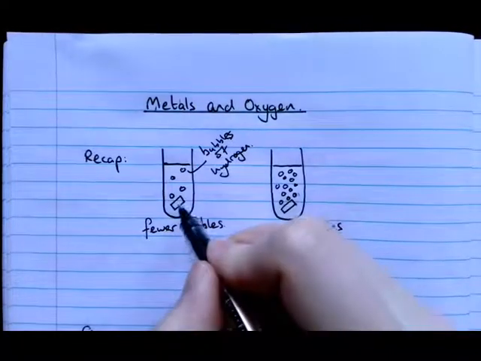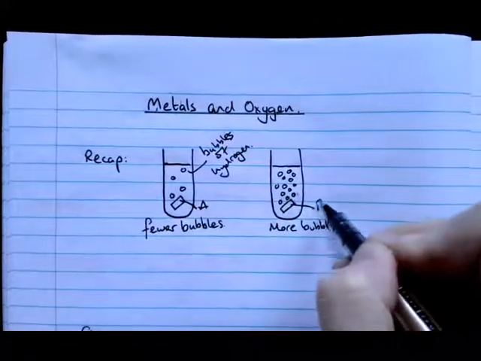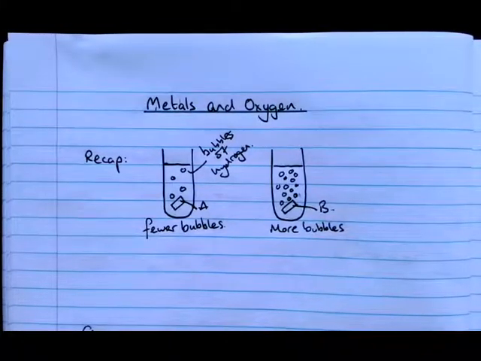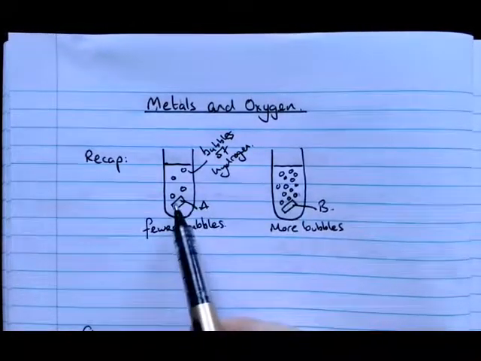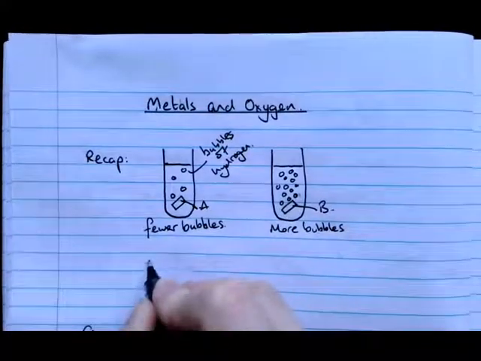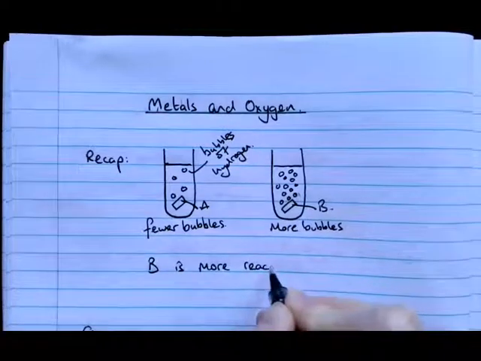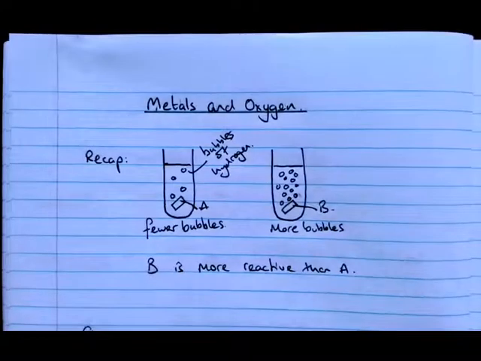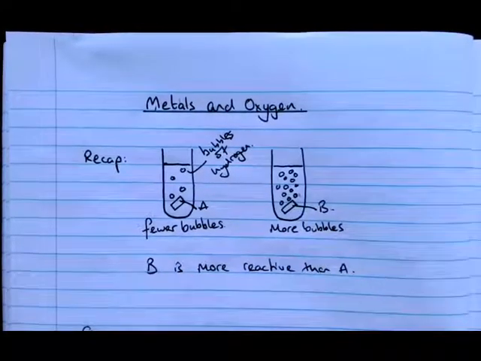If we say that this is metal A and this is metal B, what conclusion can we draw about metals A and B? Well, they're both doing the same reaction because they're both reacting with the acid and producing these hydrogen gas bubbles, but we can say that B is more reactive than A. We see more bubbles, therefore it's more reactive.